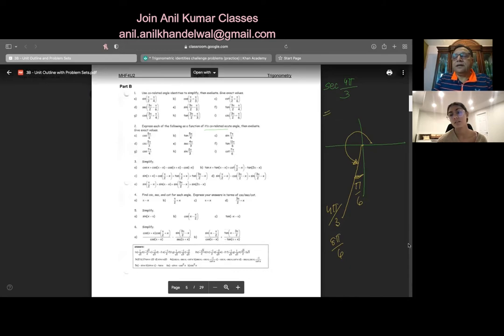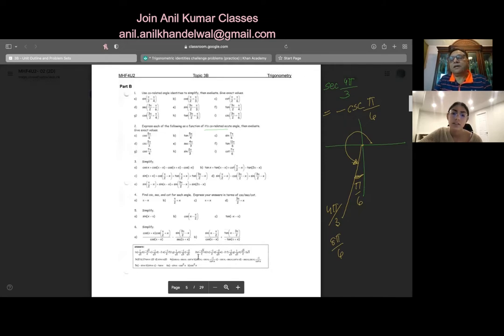So secant, being in the third quadrant, becomes negative, and secant becomes cosecant of pi by 6. So you have to do it like this to get the right answer. Does it make sense?